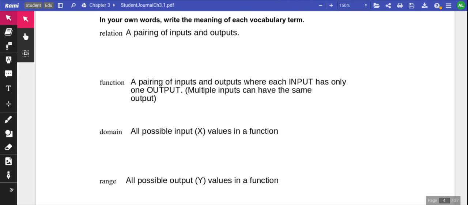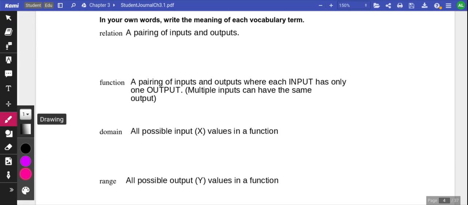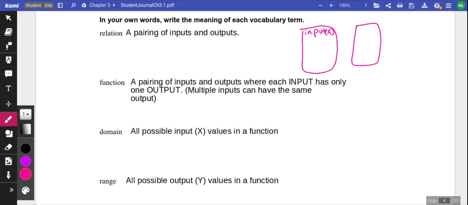First off, a relation is just a pairing of inputs and outputs. You'll see in some places a label that says input, and it might say x, and then output, and it might say y too. So a relation could be 1, 2, 3 for inputs and 4, 5, and 6 for outputs.